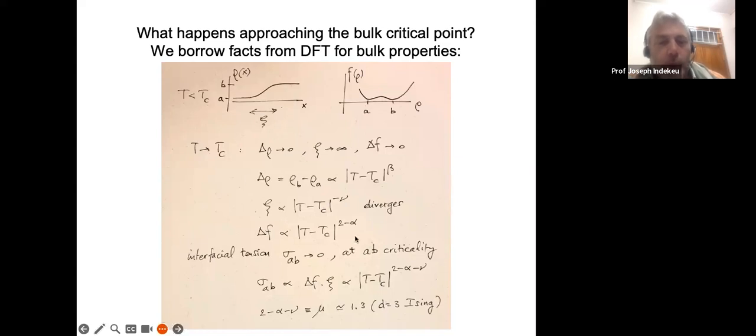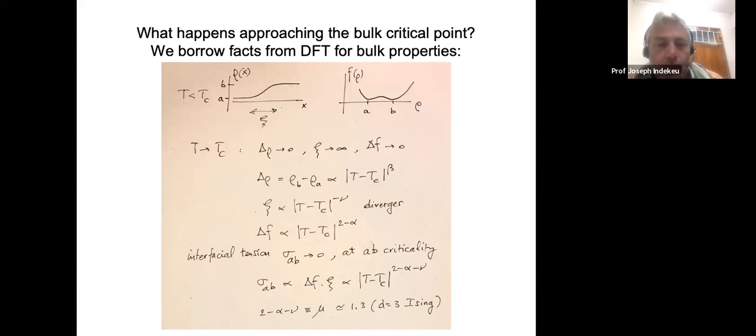There is also an exponent corresponding to the vanishing of this singular part of the free energy per unit volume. And that exponent is denoted by 2 minus alpha standardly. And alpha is another critical exponent, not to be confused with the name alpha of the phase that we have introduced previously. So these alpha, beta, and nu are critical exponents.